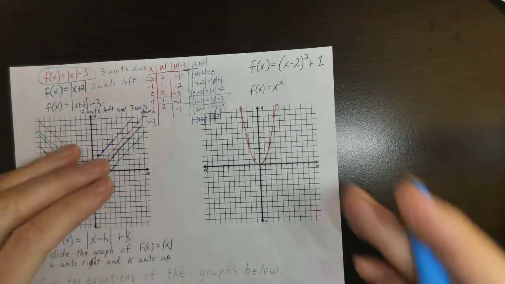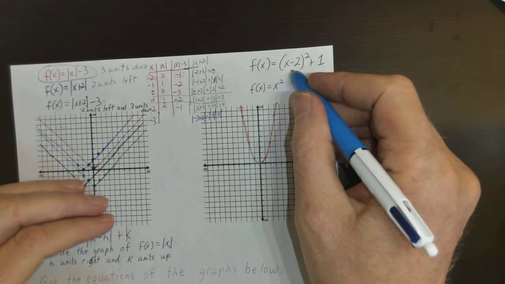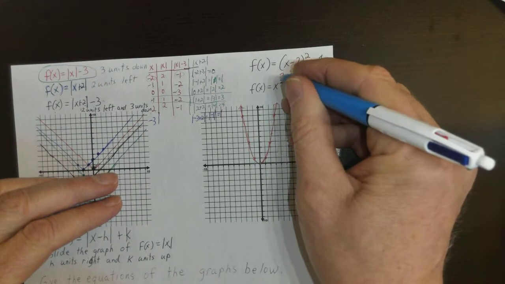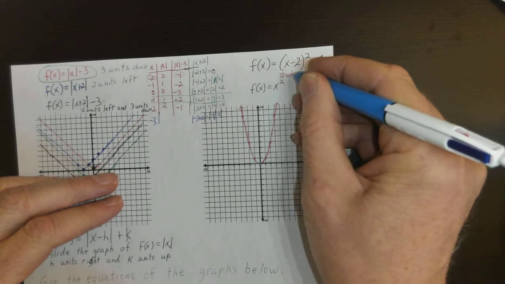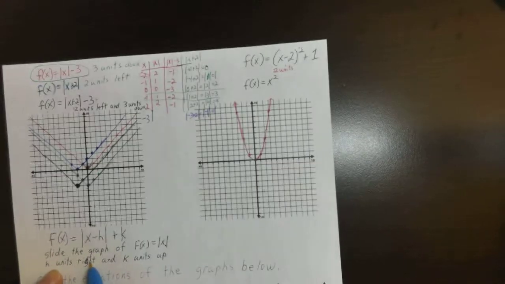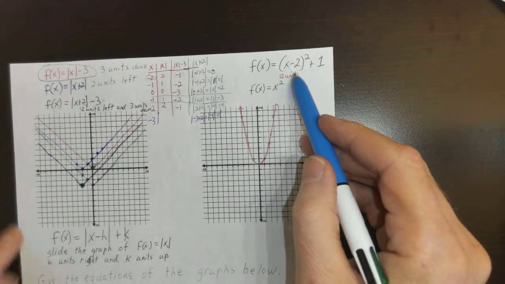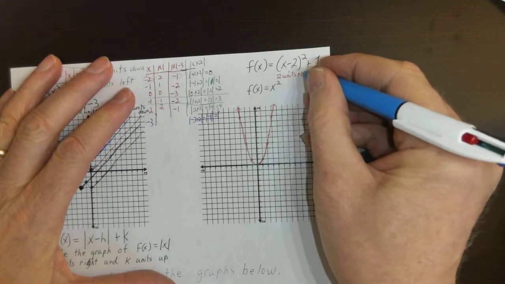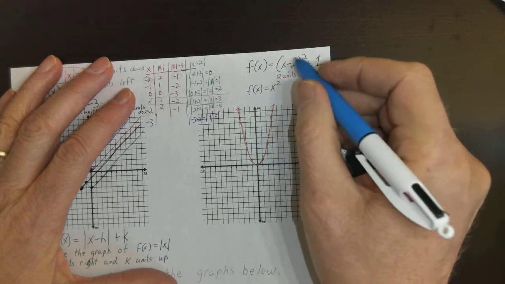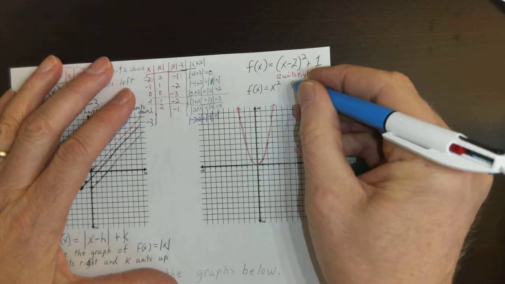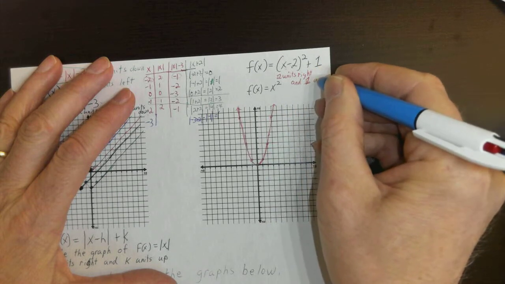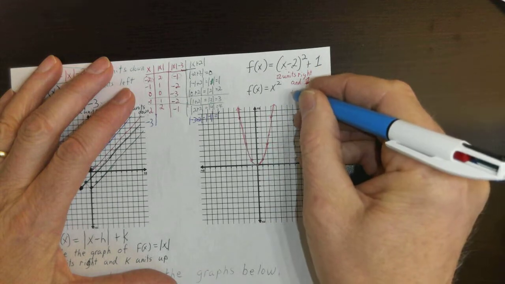Okay, so you have this. Now, we're going to slide the parent function 2 units right. If it's after a minus, now that's kind of counterintuitive for me, but that's the way it works in the parentheses. 2 units right, and 1 unit up.